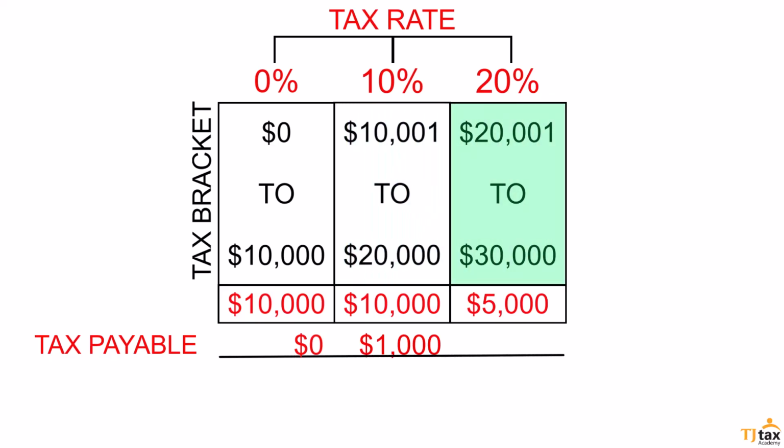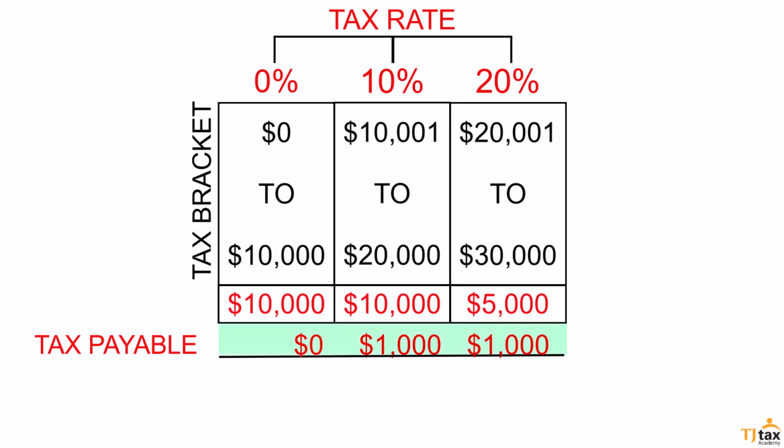And the third tax bracket is $20,001 to $30,000. I only have $5,000 left out of the $25,000 that falls between $20,001 to $30,000. So I multiply $5,000 by a rate of 20%, which equals $1,000, which means you would have paid another $1,000 in taxes on the $5,000 over $20,000.